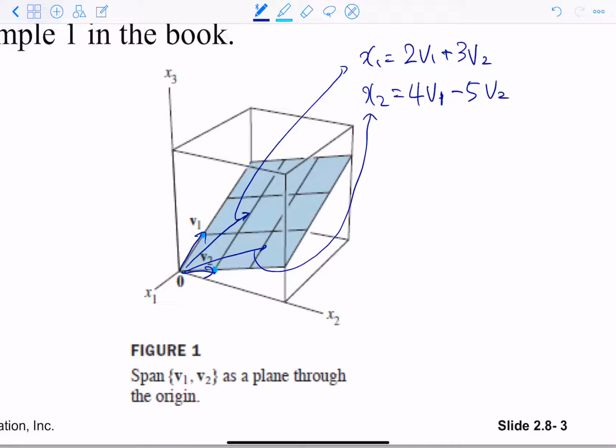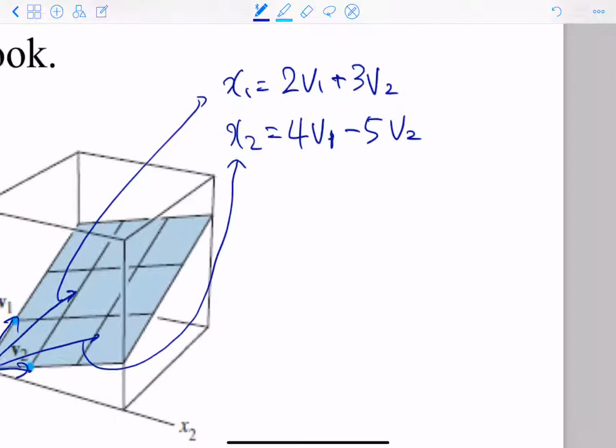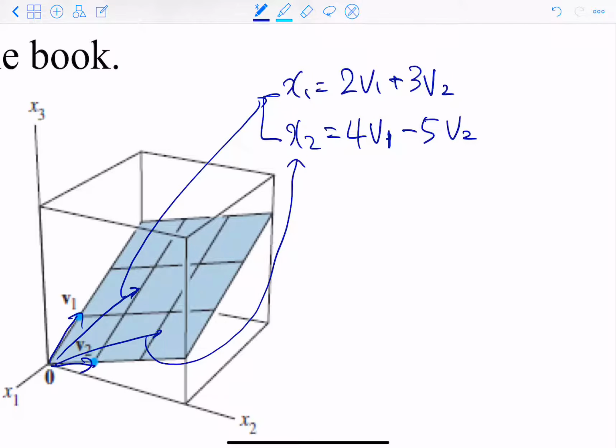Okay, so these are just an example which are represented as a linear combination of v1 and v2, because that's the definition of the span. Any point or vector in the span should be represented as a linear combination of these v1 and v2. Okay, and then we consider their linear combination, right?